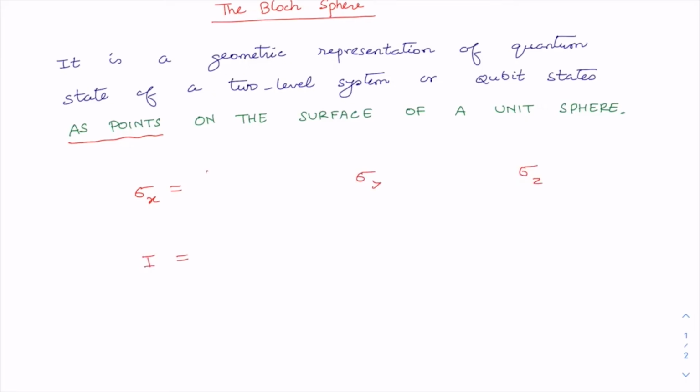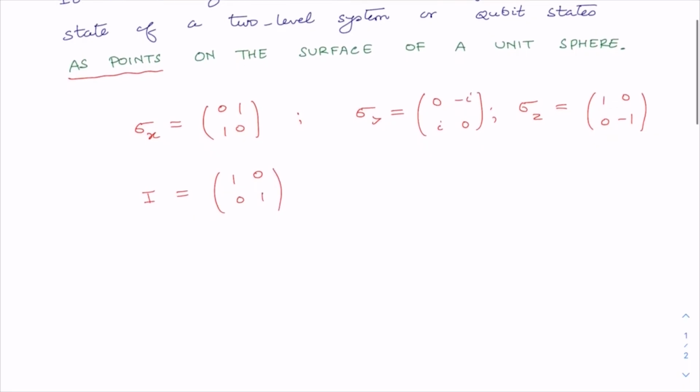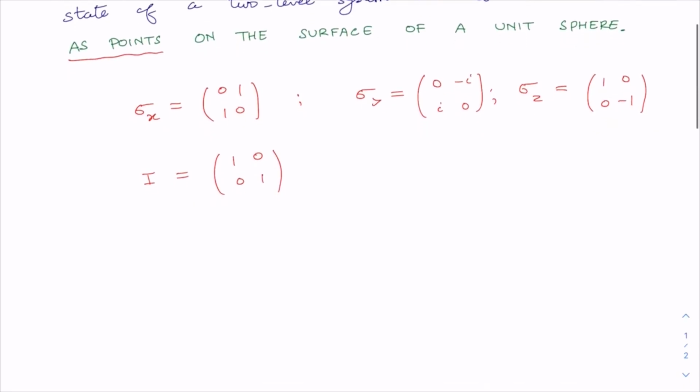And we know that sigma x is equal to [[0, 1], [1, 0]], sigma y is represented as [[0, -i], [i, 0]], and sigma z is equal to [[1, 0], [0, -1]], and the identity matrix is [[1, 0], [0, 1]]. So any 2 by 2 matrix can be expressed in terms of these Pauli matrices and the identity matrix. So we have, say, this is my x direction, y direction, and z direction.